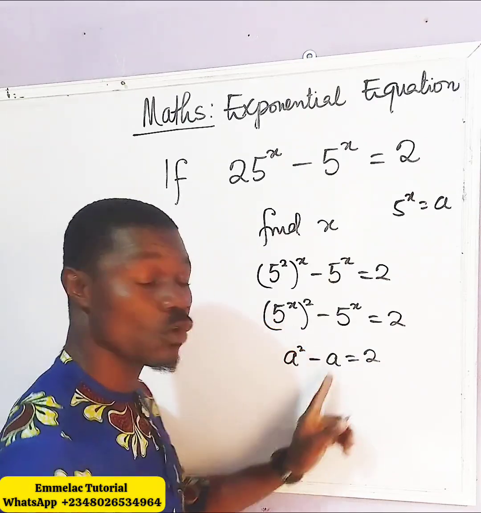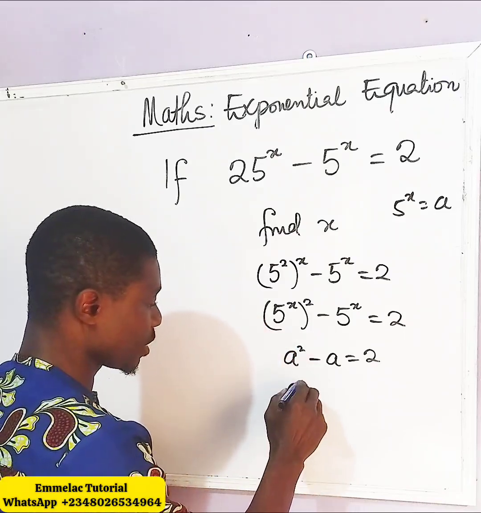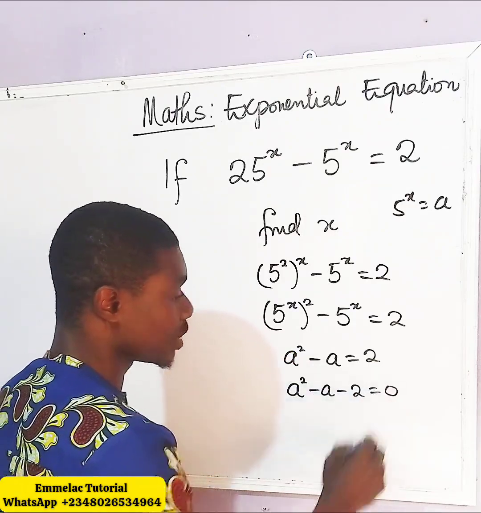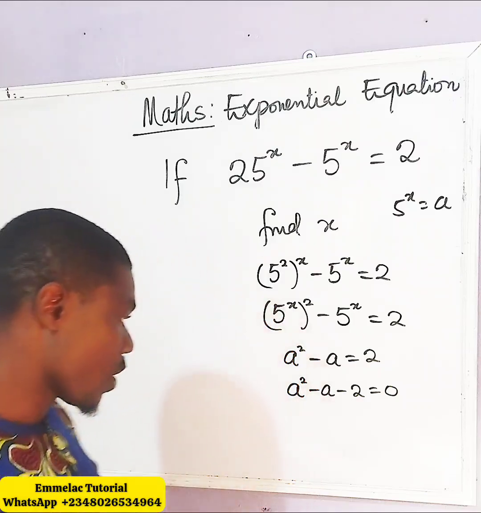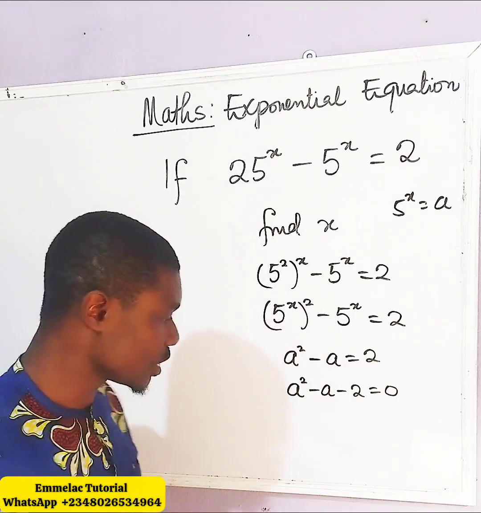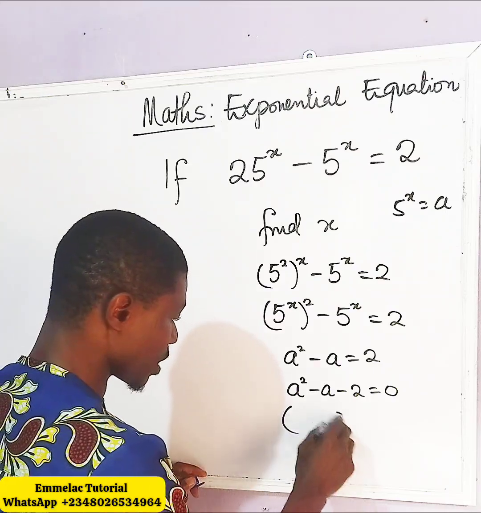Now let us bring 2 over to the left hand side. So here you have a raised to the power of 2 minus a minus 2 equals 0. Okay, so let us factorize. Can it be factorizable? I think yes. Since the leading coefficient here is 1, you can just do this.